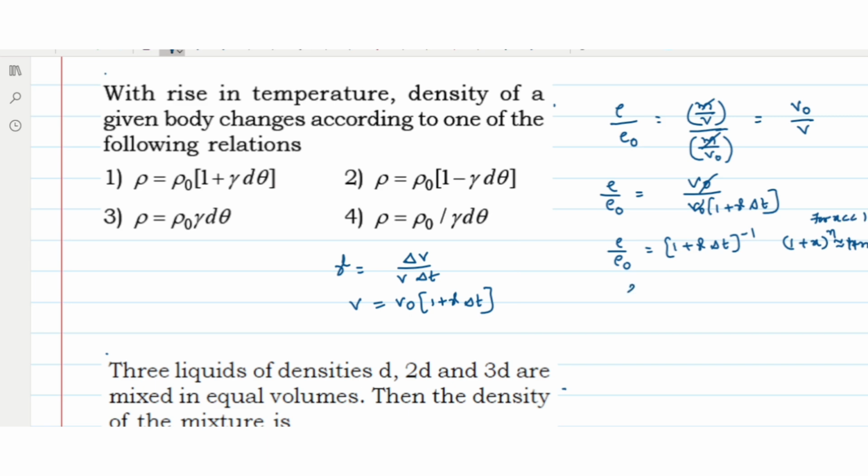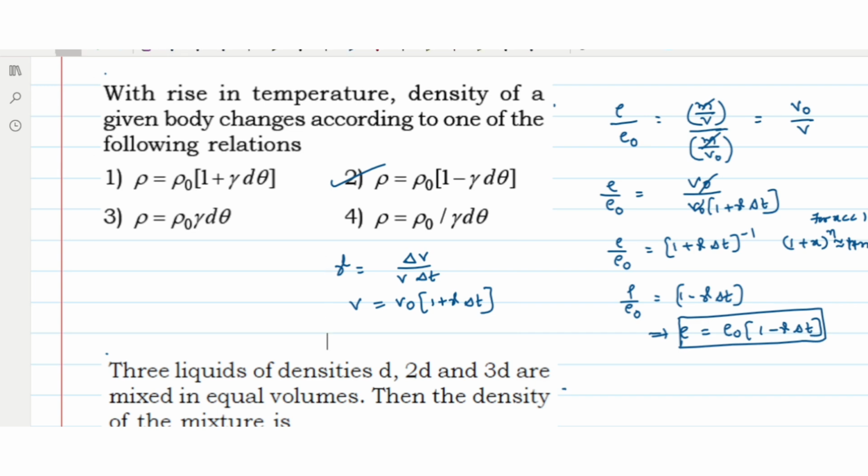So rho by rho naught equals 1 plus nx, where n is minus 1, so 1 minus gamma into delta T. So the density at a particular temperature, rho, equals rho naught into (1 minus gamma into delta T). So this will be the correct answer.